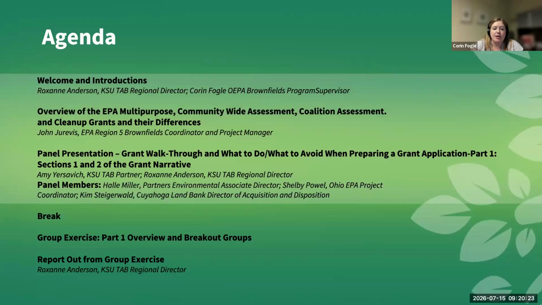But we have a targeted brownfield assessment program where we can provide assistance to public entities for assessment activities. So things like phase 1, phase 2, asbestos, lead-based paint surveys, things like that. And we also here at Ohio EPA, which maybe you are familiar with, we have a voluntary action program, which is a voluntary cleanup program.